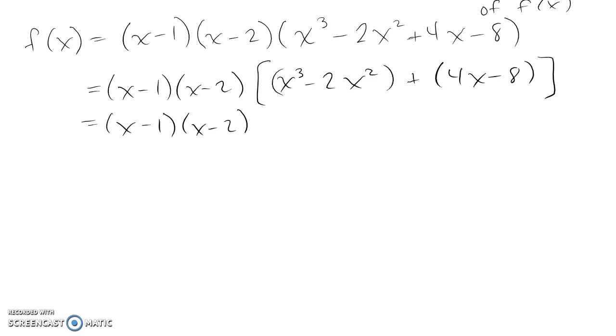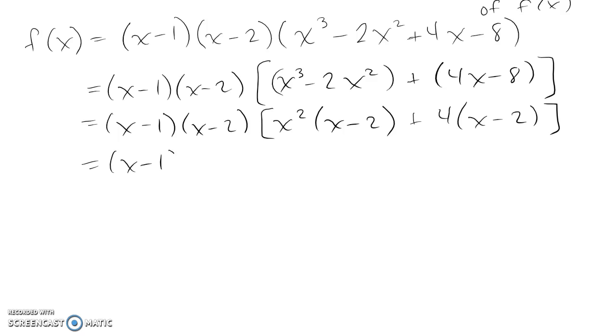When I factor by grouping, I take out the GCF of each group. So we get x squared times x minus 2 plus 4 times x minus 2. And then I notice that I have a common binomial factor inside these brackets of x minus 2, and then x squared plus 4.